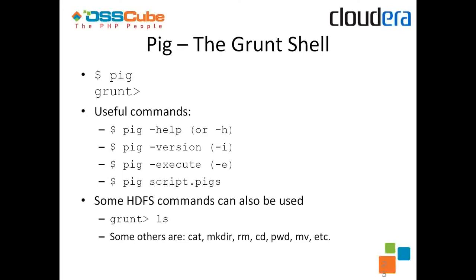And what I also like about Pig is that within your grunt shell, you can use some basic HDFS commands directly, which is quite nice. So you don't have to switch terminals to quickly see or browse your file system on HDFS.